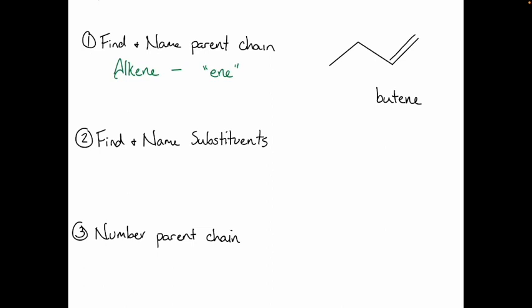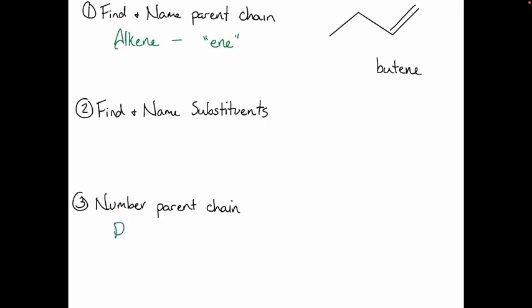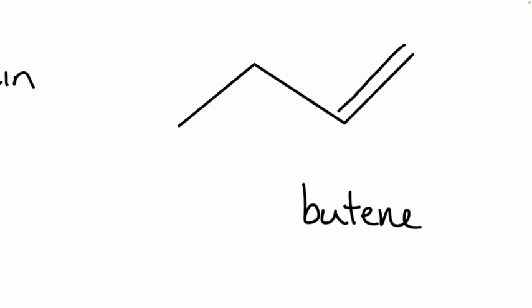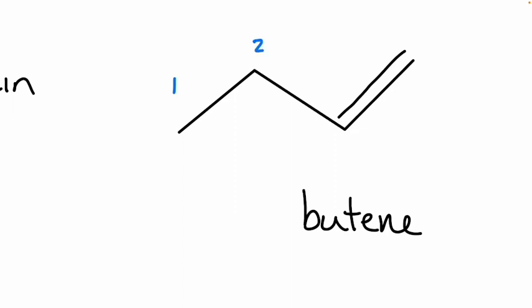So we've got to number our parent chain, and basically the same consideration as before. We want the double bond to have the lowest number. So for my butene, I could say 1, 2, 3, 4, or go the other way, 1, 2, 3, 4.